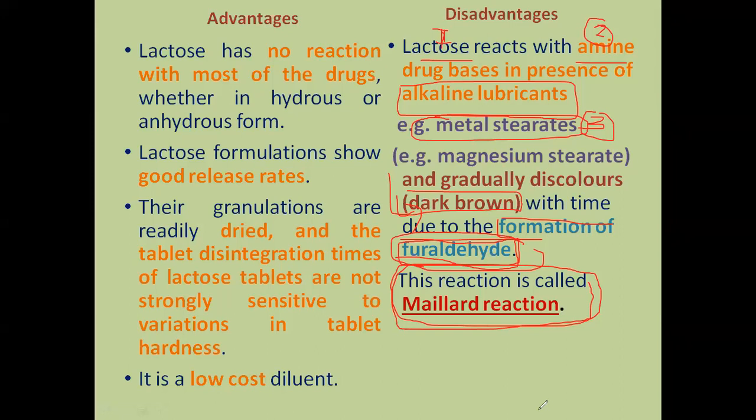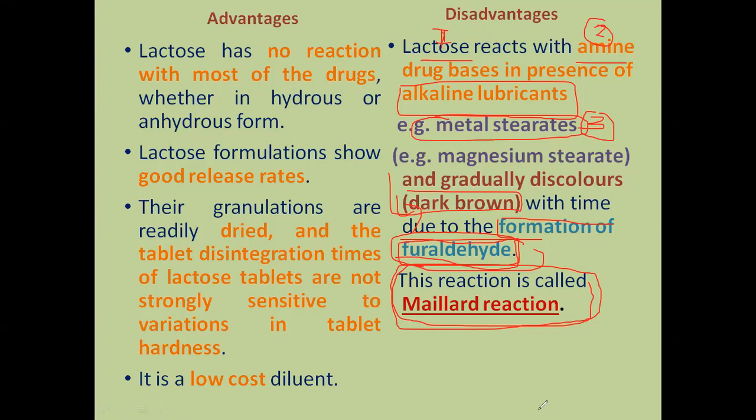अमाइन ड्रग बेसिस, amine. In presence of alkaline lubricants such as metal stearate, means mainly in presence of amine drug bases, when lactose reacts, and this is seen when you use metal stearate such as magnesium stearate, when they react with one another, there is a formation of furfural aldehyde.